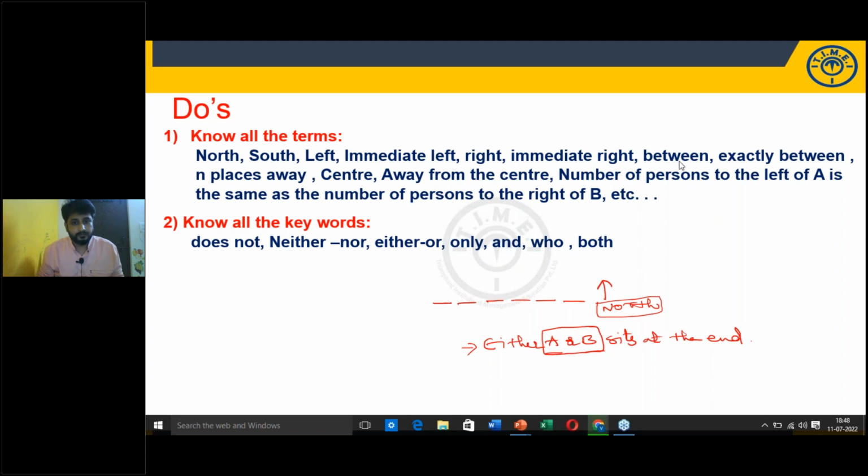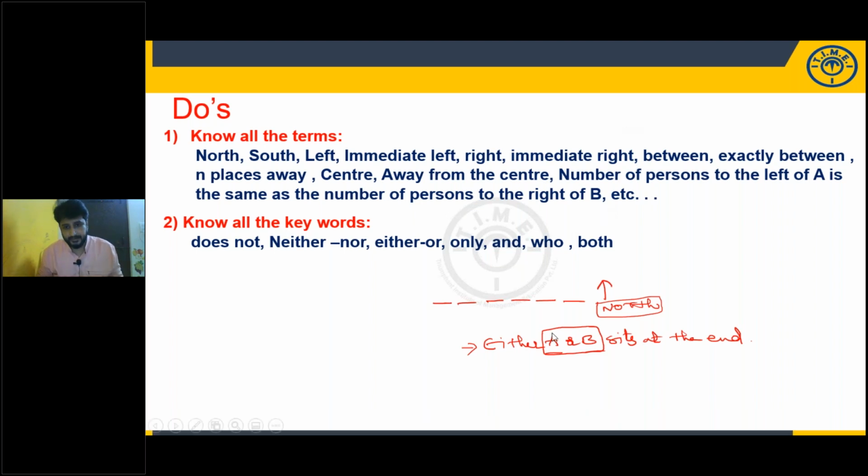No. It's not that only one of them has to be at the end. It is at least one of them. Either A or B means at least one of them.